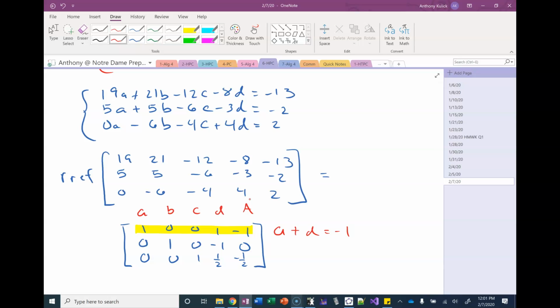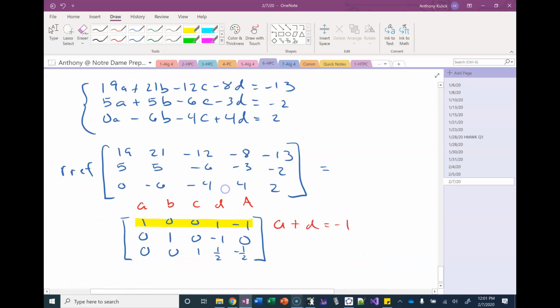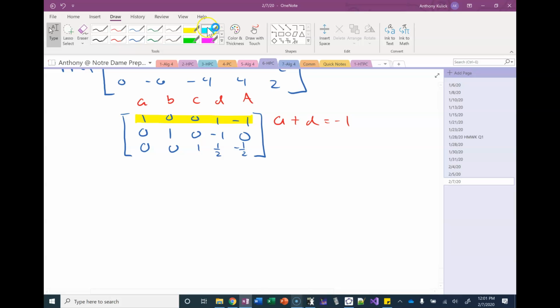Everybody's okay there? Now, if I go back and I compare A and D, are these parameters from the same plane? If I go back and I look, A and D are in different planes. Not interested in that then.